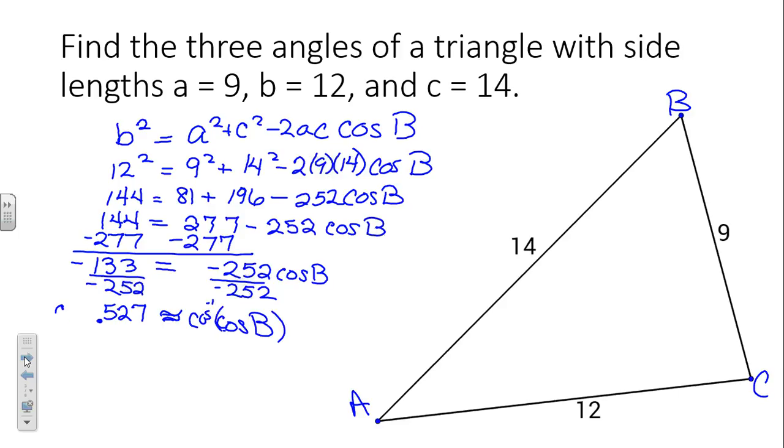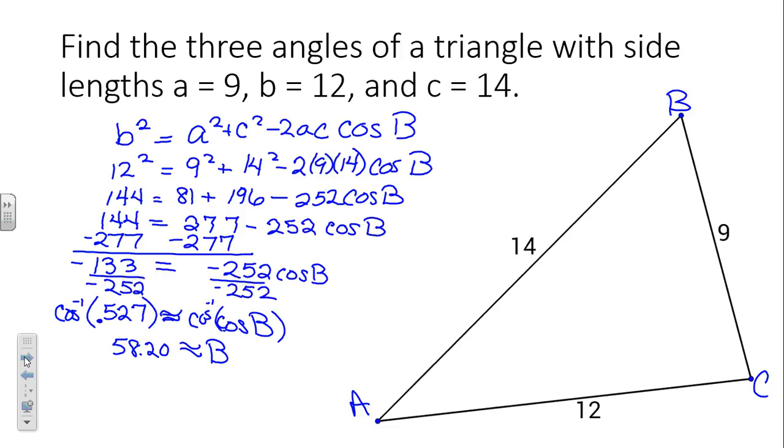We take the inverse cosine of both sides, and angle B is 58.19. Let's do two places, unless they tell us otherwise. I think the book's been saying 2 decimals. So it would be 58.2. Okay, so that's our angle B.